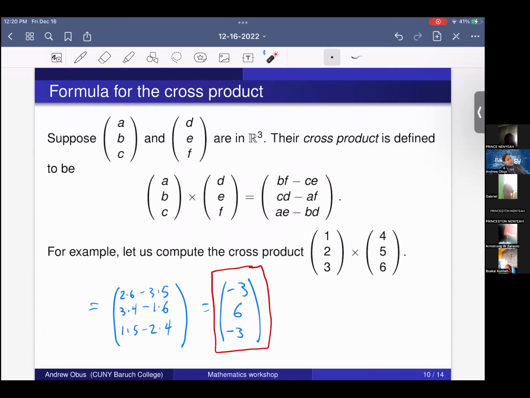But what we do see here is that the stuff here all kind of looks like determinants. And so we can actually remember this a little bit easier by using a trick that involves determinants. This is what I'm going to show you on the next page. But before I show you, any questions about how we computed this example here?